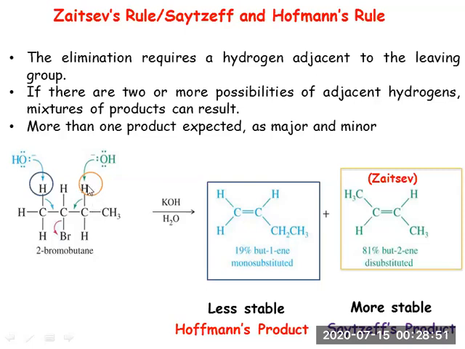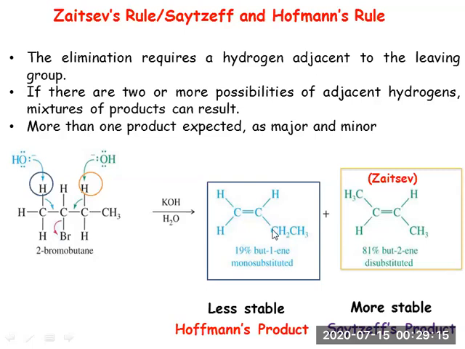If beta 1 hydrogen is lost, then a double bond will be formed between beta 1 and alpha carbon atom, and you'll get this as a product, where now you can see the double bond is between these two carbon atoms, and 2-butene will be obtained as a product. So we are expecting two products: one is 1-butene and another is 2-butene.